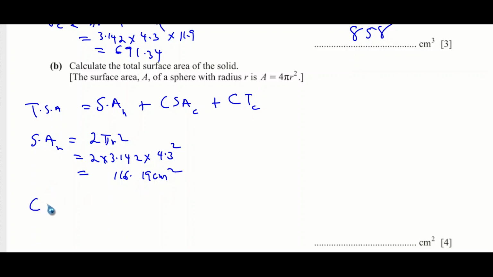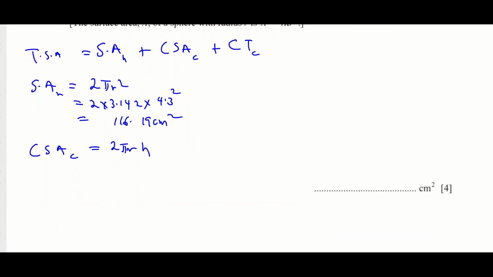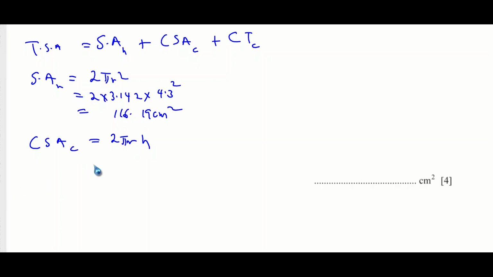Okay, so the curved surface area of the cylinder is equal to 2 pi r h, that is the circumference of the circle multiplied by the height of the cylinder. So this will be 2 times 3.142 times 4.3 times 11.9. This will give you 321.55 centimeters squared.